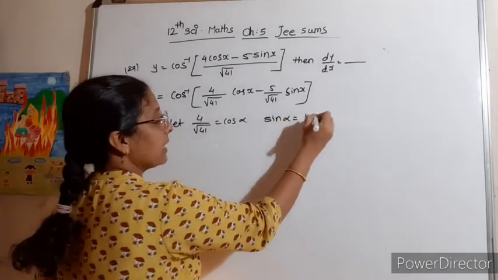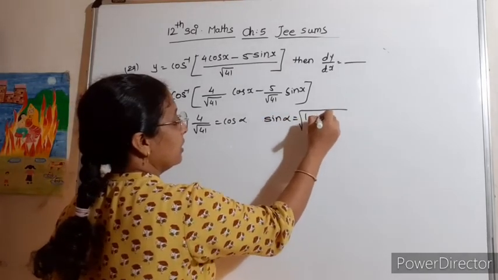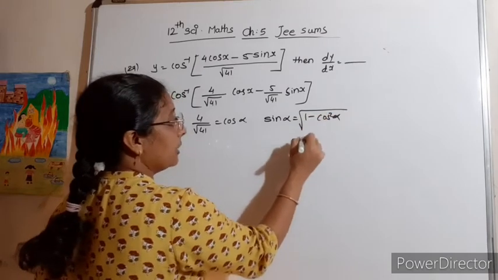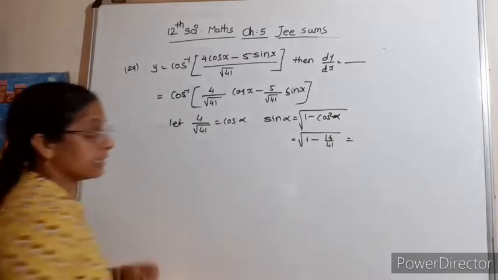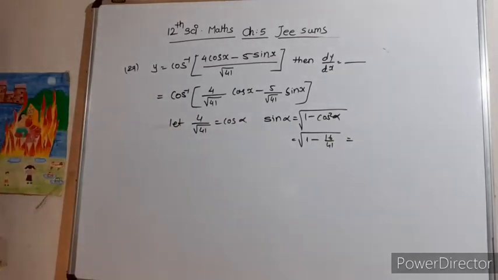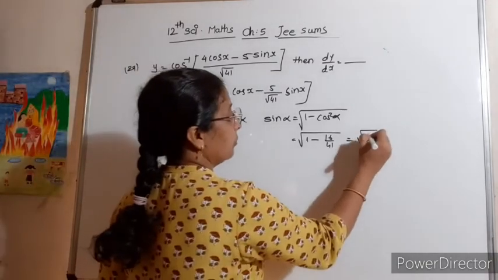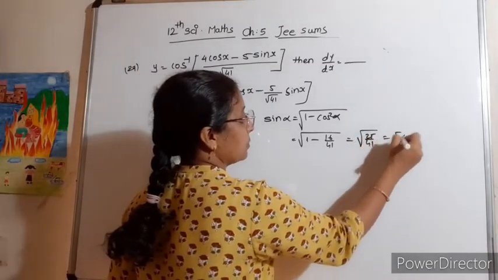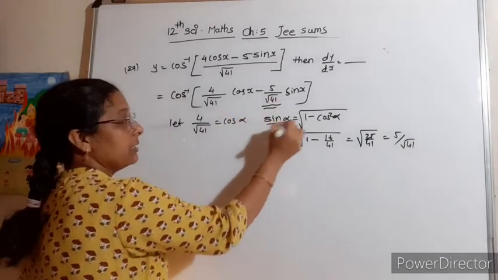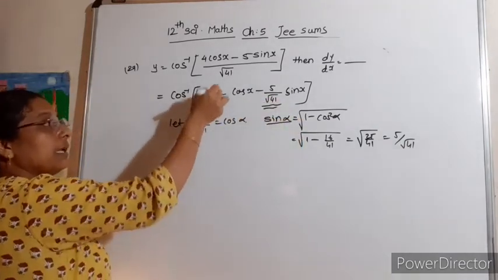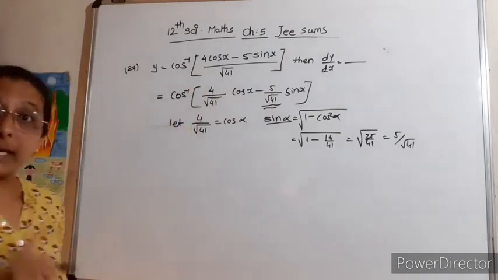It is under root of 1 minus cos square alpha. और या तो आप ट्राइंगल से भी कर सकते हैं. 16 by 41. 41 minus 16, that is 25. So it is root 25 by 41. So 5 by root 41 हुआ. मतलब कि ये क्या हो गया? sin alpha. अगर ये cos alpha लेते हैं तो ये sin alpha हो जाएगा.